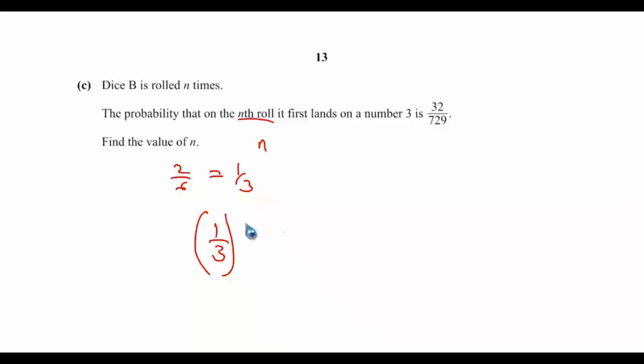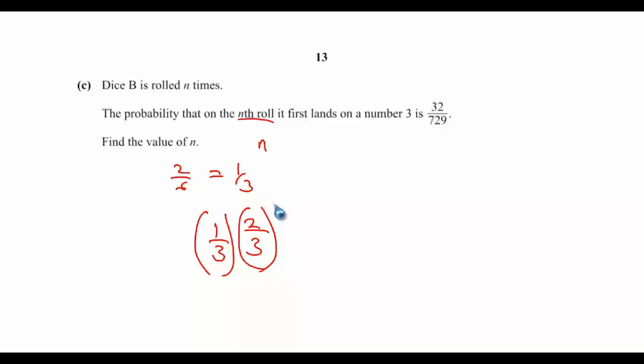Okay, so out of the n trials, it first lands on 3, and this is the probability. So that means it lands on the other ones, which will be 1 minus the probability of 1 over 3. So that will be the probability that it lands on other numbers. That will be 2 out of 3.